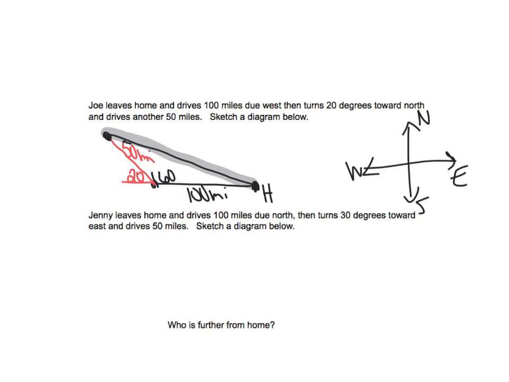So Jenny leaves home and drives 100 miles north. So here's home. I drive 100 miles north because I went straight north, 100 miles, then turn 30 degrees towards the east, which means me turning about like that, which is 30 degrees.